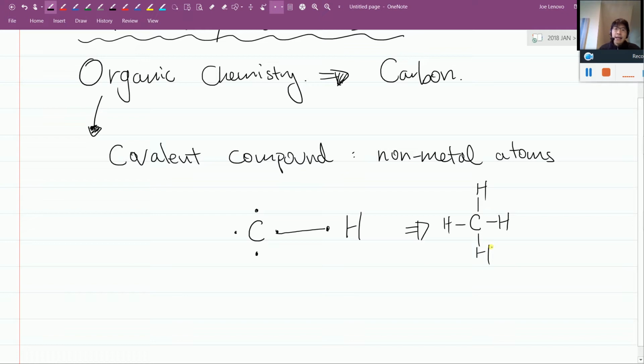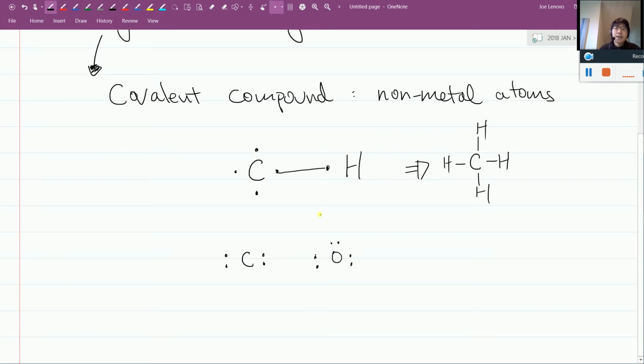right? And when you look at carbon with oxygen, as carbon has 4 valence electrons, and each of the oxygens has 6. Since covalent compounds need to share electrons, and to be fair, carbon and oxygen each need to share electrons and put them in between them.